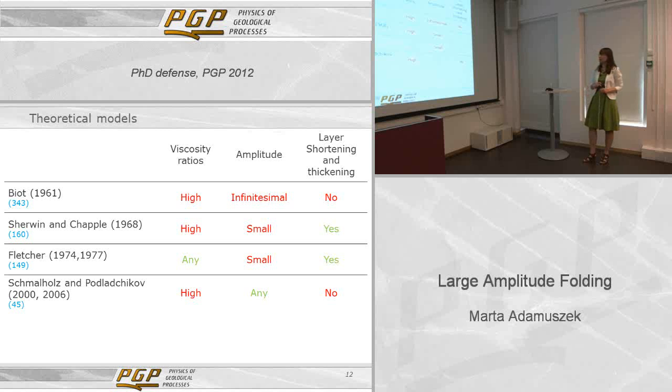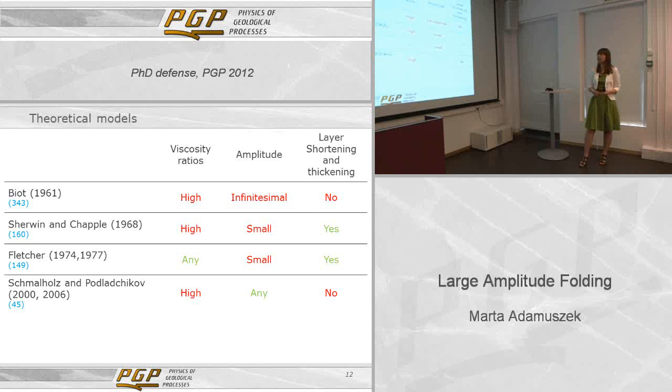The model developed by Fletcher can be applied to the whole range of viscosity ratio, and the model by Schmalholz and Podladchikov is the first model that has been developed to analyze large amplitude folds. However, this model is restricted to high viscosity ratio. It doesn't take into account the layer shortening and thickening.